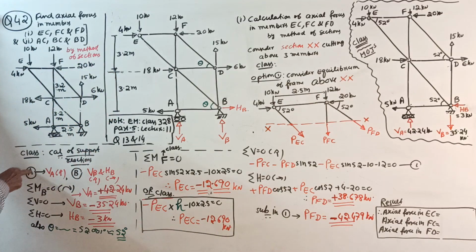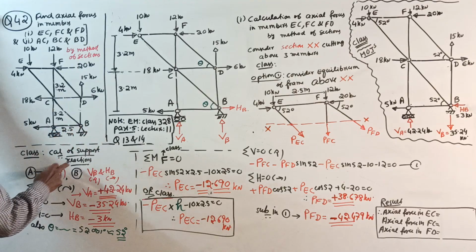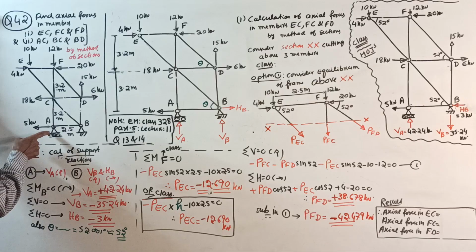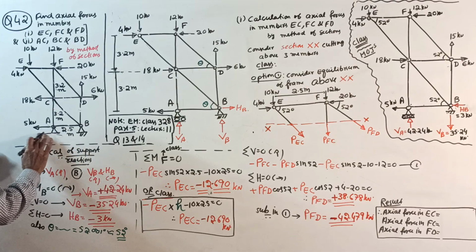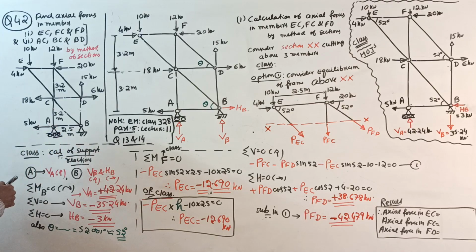See, A, you should write here correctly, A is a roller support. Be careful. Otherwise, usually people get the feeling A is hinged support. No. A is roller support. You write here, for roller support the reaction is perpendicular to plane of roller, the reaction at A, RA.